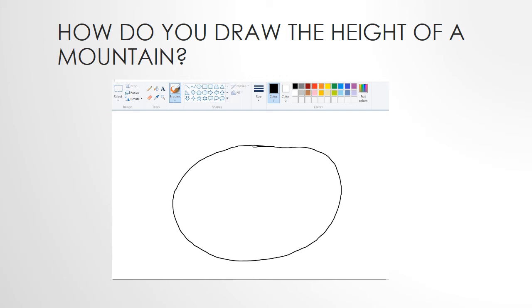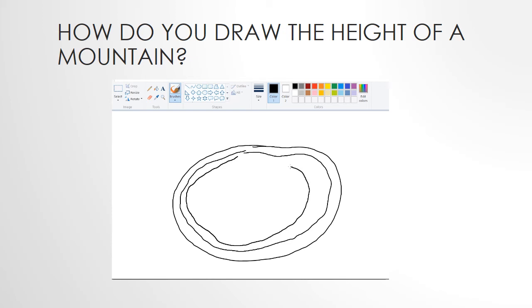So the way we do that is through our contour lines. Okay, so our contour lines go all the way around the mountain. They meet up together. Now the rule with contour lines is that the closer together they are, the steeper the mountain. So if this side was really close, then we would show how steep one side is.